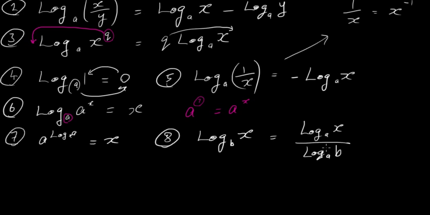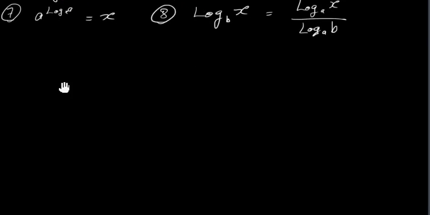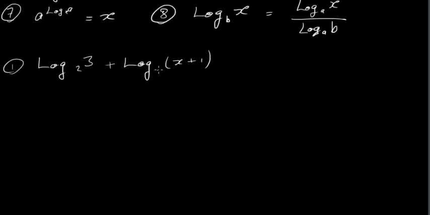What I'm going to do now is just take a couple of examples of questions that you might come across. So let's have a look at the first one here. First question. Let's say we have log 3 to the base 2 plus log x plus 1 to the base 2.